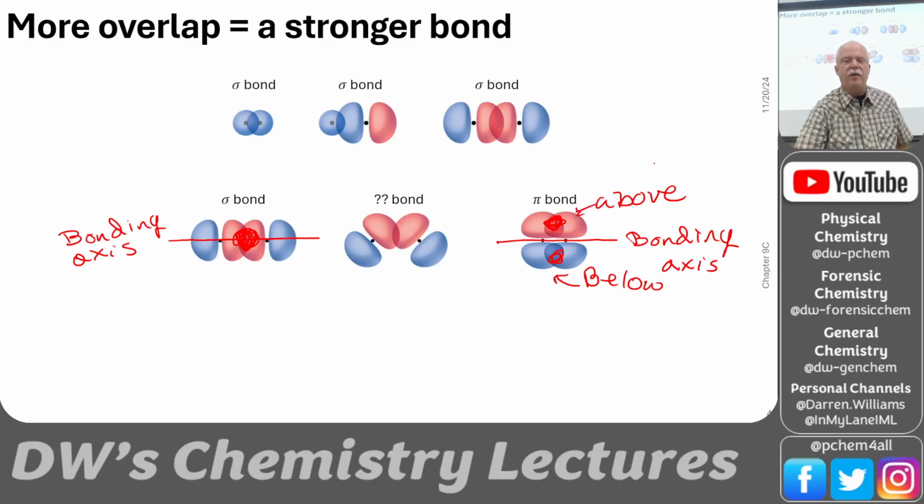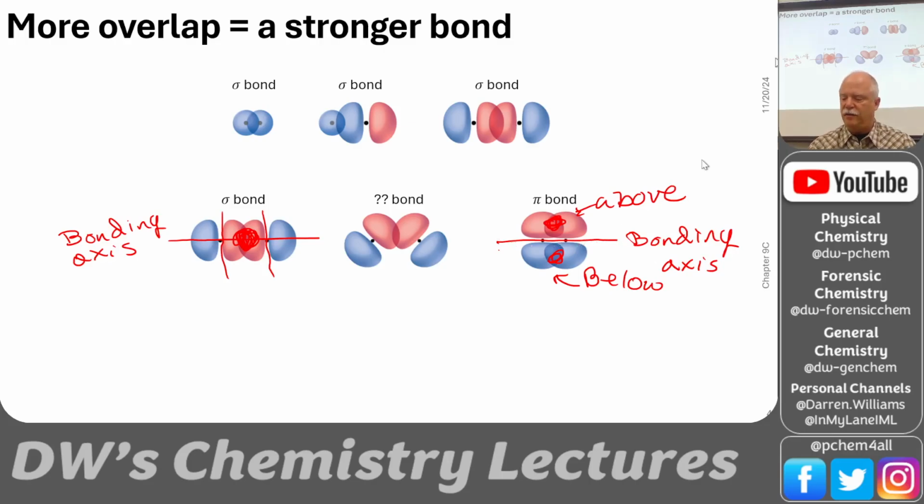So that's the pi bonding. We call it side-on bonding with those p orbitals, and it's above and below the bonding axis. And there's a node that contains the bonding axis. Here, notice these nodes break the bonding axis, and here in a pi bond, the node contains the bonding axis.